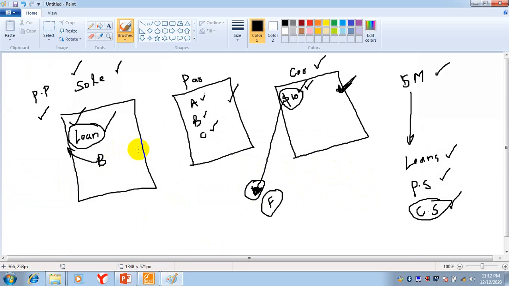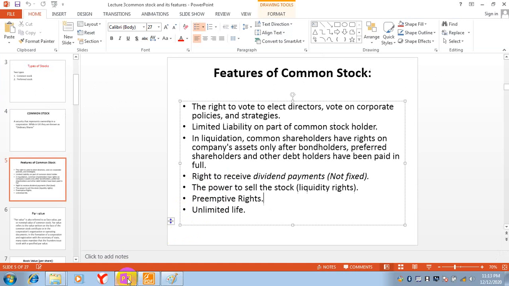If you have a $10 share, anytime you can go to the stock exchange and sell this $10 share to anyone. This is another right of the common stockholder, that anytime they can sell their shares. We call it liquidation right.